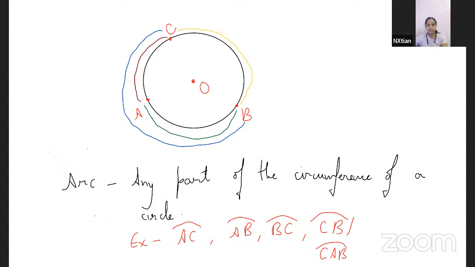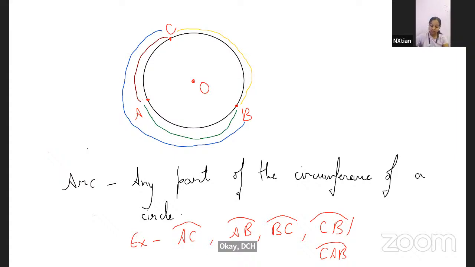Ma'am, BA or BCA? BCA can also be an arc, yes. BA is the green one. BCA can be another arc as well.